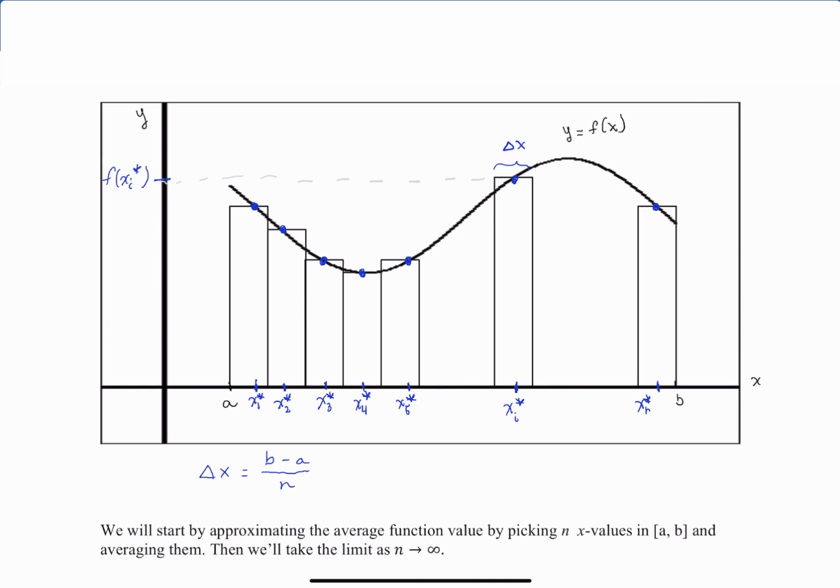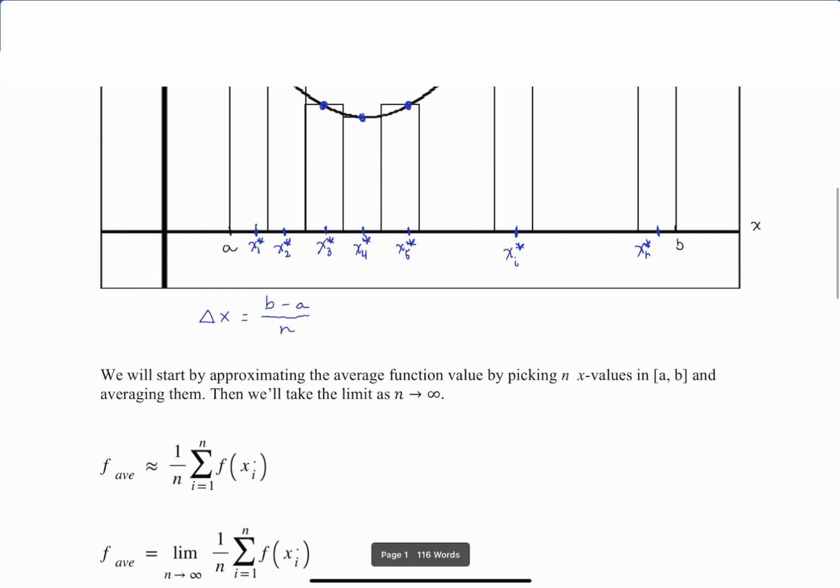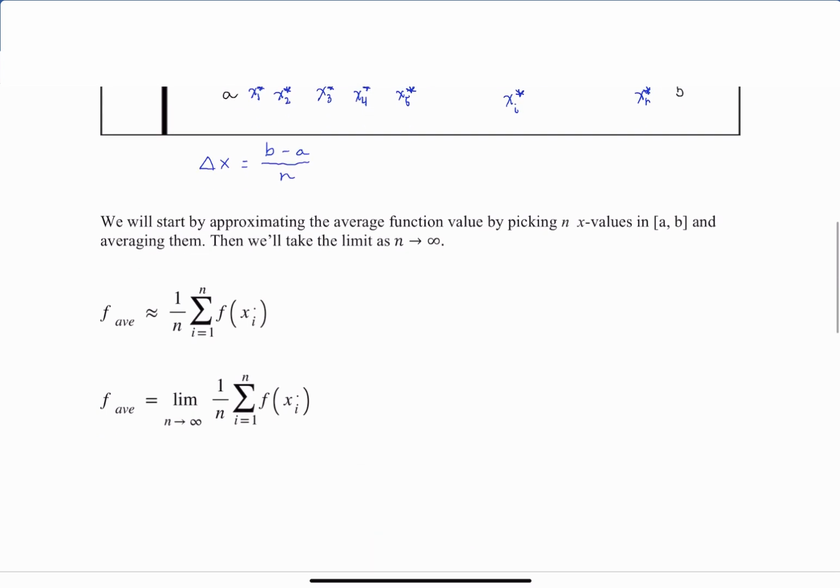How does that help us? Well, in the formula we've got so far, we do have an n. So if I take that delta x formula and solve it for n, we'll get an expression for n that has a delta x in it that we can put in for this n. So let's do that.